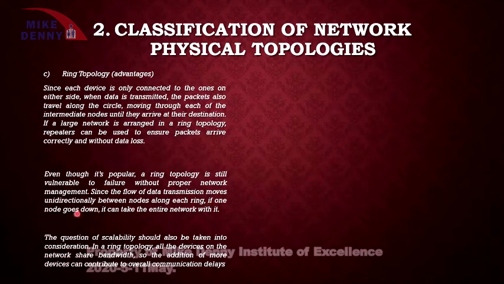If one node goes down, it can take the entire network with it. So the question of scalability should also be taken into consideration in a ring topology. All the devices on the network share bandwidth, so the addition of more devices can contribute to overall communications delay.